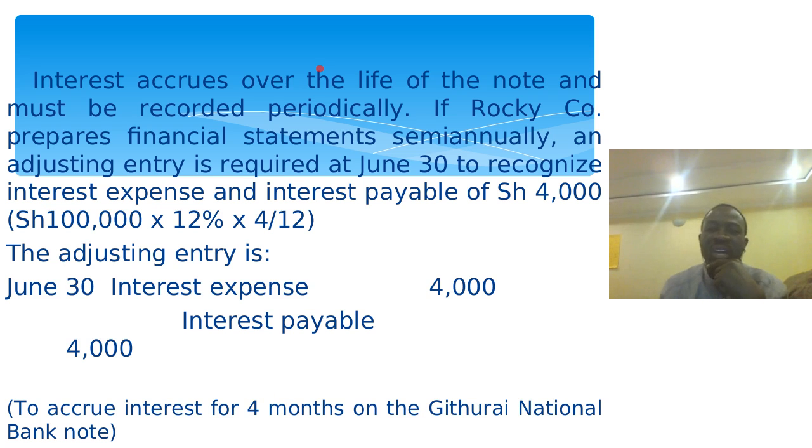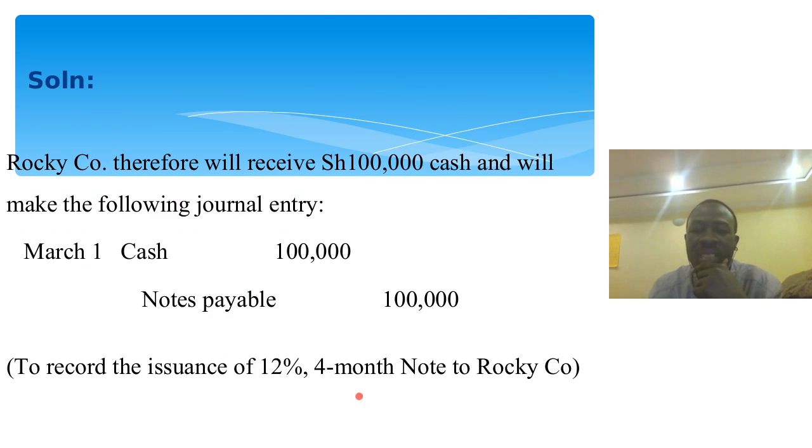Now, when the note becomes due for payment, remember it is a 4-month note, and the interest is always charged on a yearly basis. So to know the interest expense after the 4-month period, we take the 12%, that is the interest for a year, then multiply by the fraction of the 4 months.